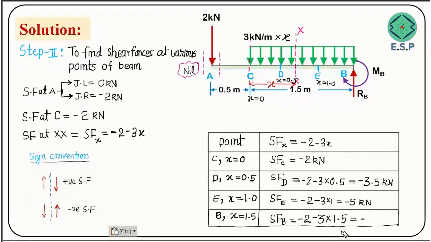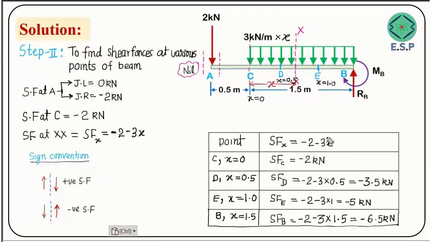So 3 into 1.5 is going to be 4.5, minus 4.5 and minus 2 is going to be minus 6.5 kilonewton.